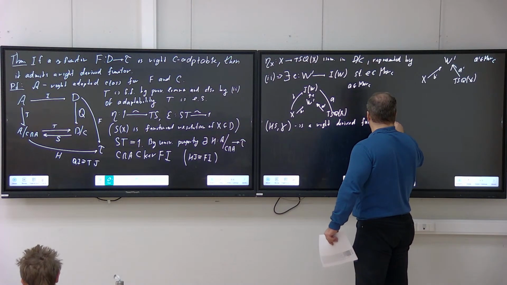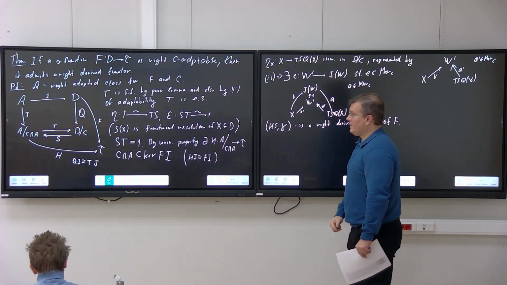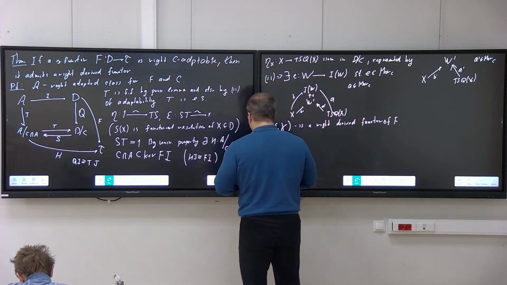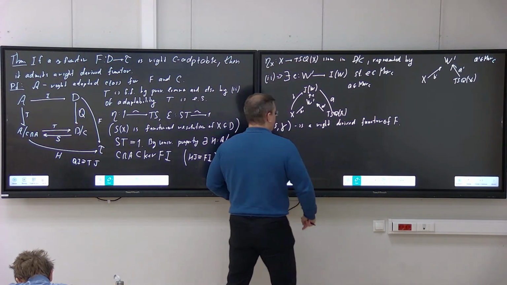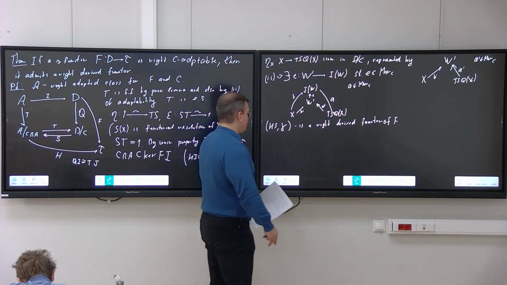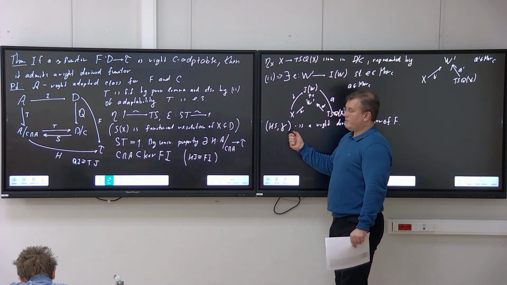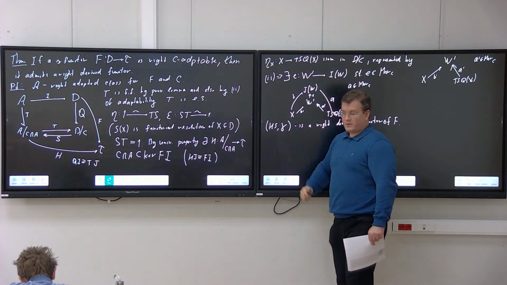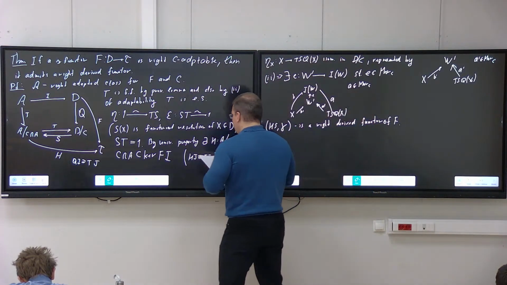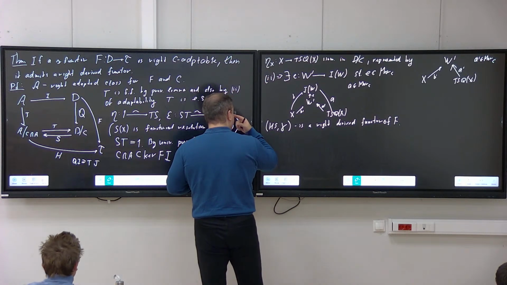Okay, of course. What is gamma? Gamma we'll define later. So essentially I'm saying that there is a gamma that I'm going to define later such that this pair is a right derived functor.